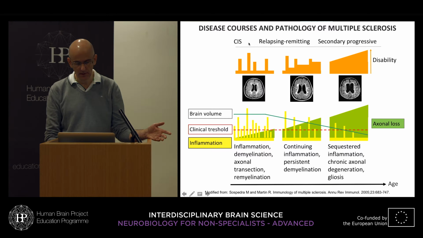And here the disease turns from a peripheral immune disease to a central nervous system immune disease, to a more chronic disease which has many similarities with neurodegenerative diseases. And all of this is a function of age, with inflammation being most prominent in young age and degeneration dominating in older individuals.